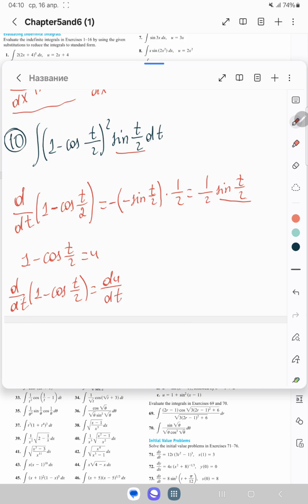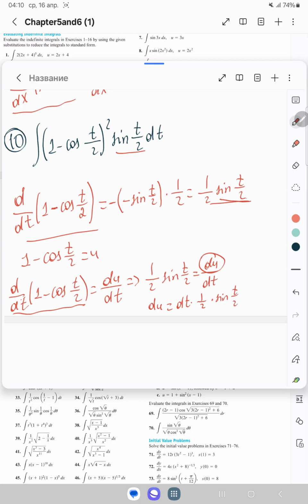My bad, dt. So what we will get? This is, we know, 1 over 2 sine t over 2 equals du over dt. We need to find du. Du equals dt times 1 over 2 times sine t over 2.